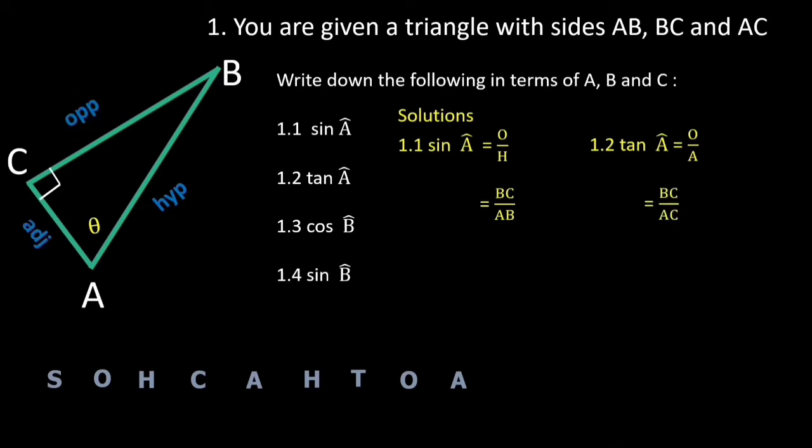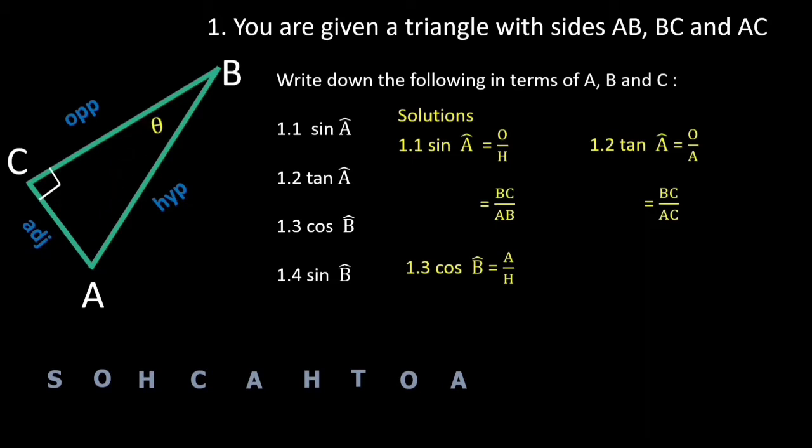When it comes to the cosine of B, we're saying cos is always adjacent over hypotenuse, but we have to make angle B the reference angle. In other words, we can actually move that reference position. The reference angle in a right-angled triangle can actually be changed. So let's move the angle theta to where B is.